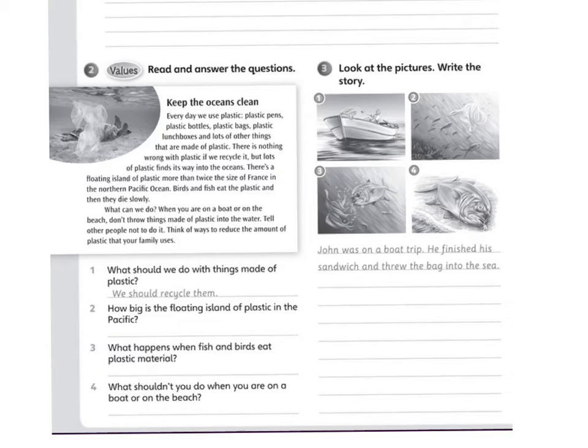Number 1 says, what should we do with things made of plastic? We should recycle them. Okay, next question. How big is the floating island of plastic in the Pacific? Here's the answer. It's more than twice the size of France.